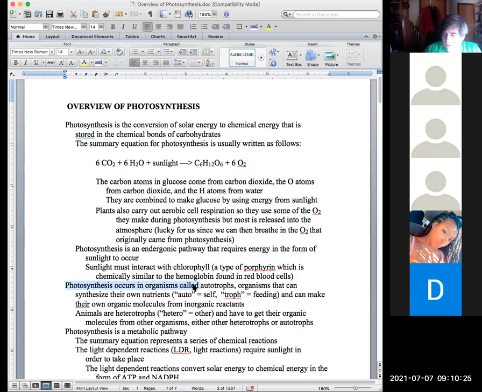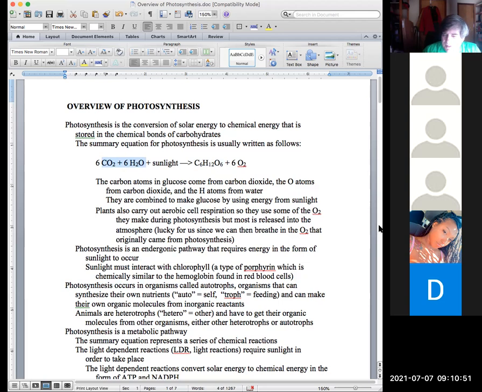Anything that can do photosynthesis is called an autotroph. Auto means self, troph means feed. So autotrophs can feed themselves. Why? Because they can make nutrients like glucose out of carbon dioxide and water. So they can feed themselves.